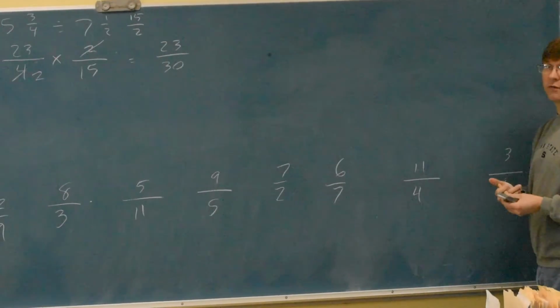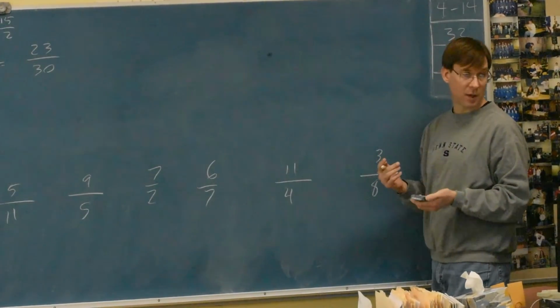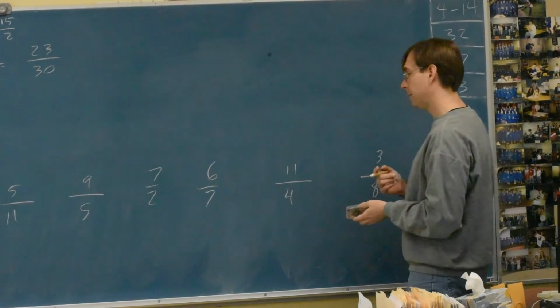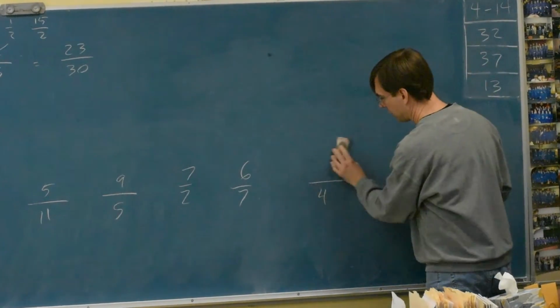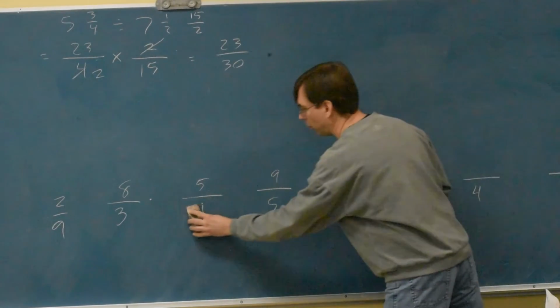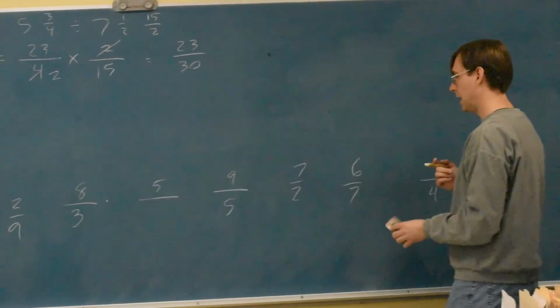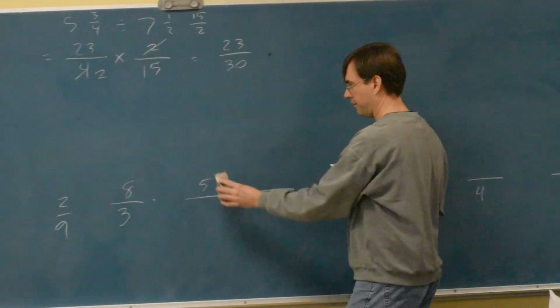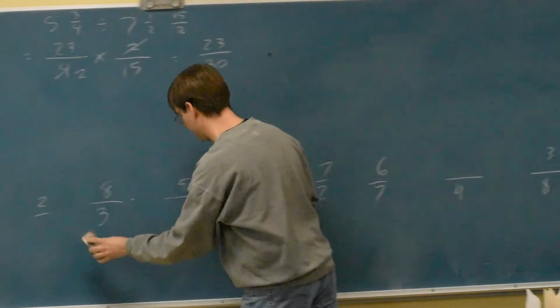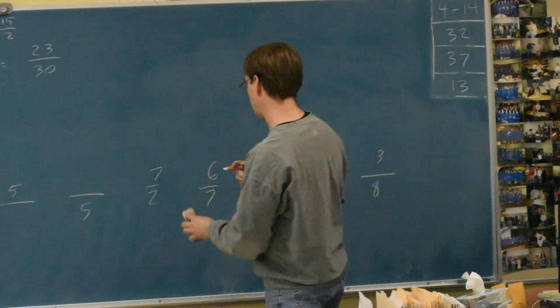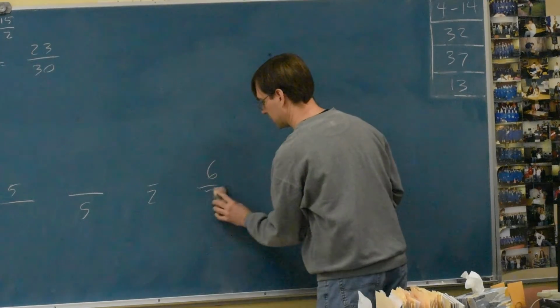Cancel mania, I would look for matches, top and a bottom that I can pair off and cancel. So I have an 11 top and I have an 11 bottom. I have a 9 top and a 9 bottom. I have a 7 top and a 7 bottom.